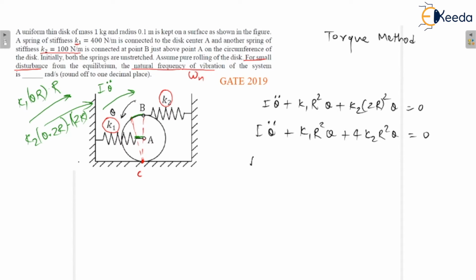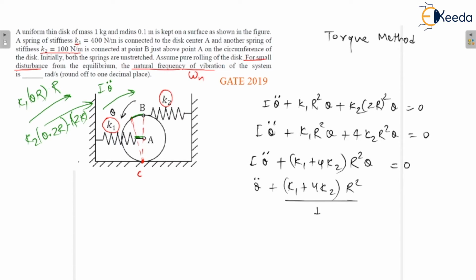Now this becomes I theta double dot plus K1 plus 4K2 times r square theta is equal to 0. When you compare this equation with the general equation, you will find theta double dot plus K1 plus 4K2 r square upon I theta is equal to 0.